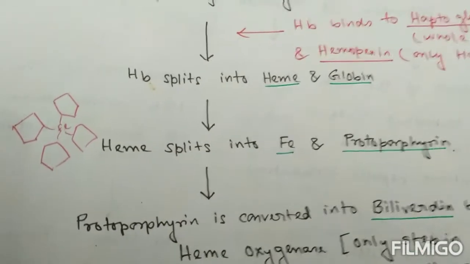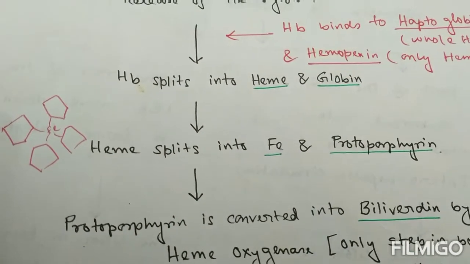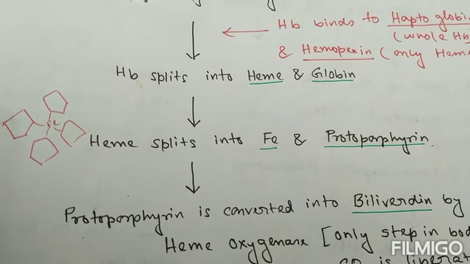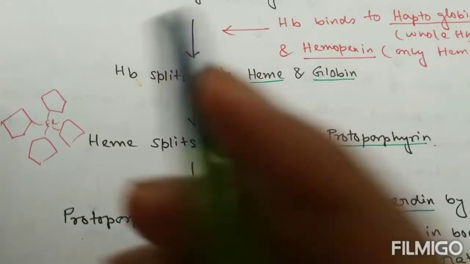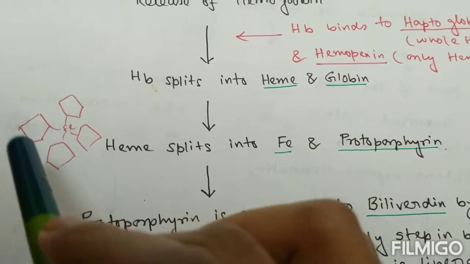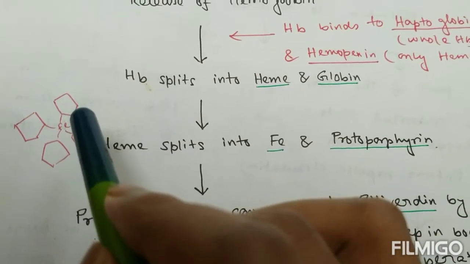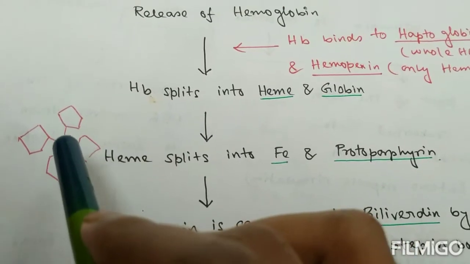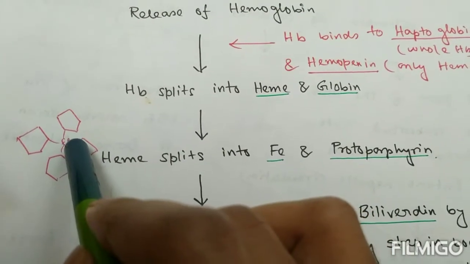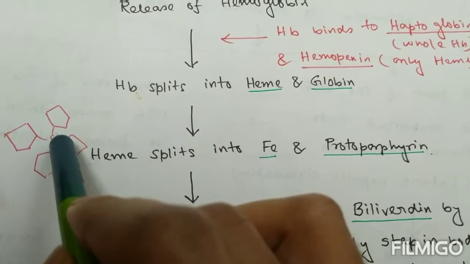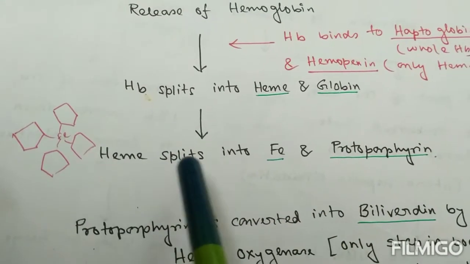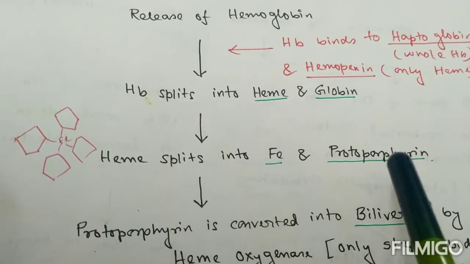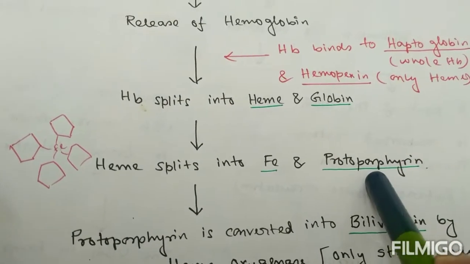We know from the hemoglobin structure, which I have already discussed in a previous video, that a single hemoglobin has 4 heme moieties, and each heme moiety has a tetrapyrrole structure with an iron atom in between. So heme will now split into iron and protoporphyrin.